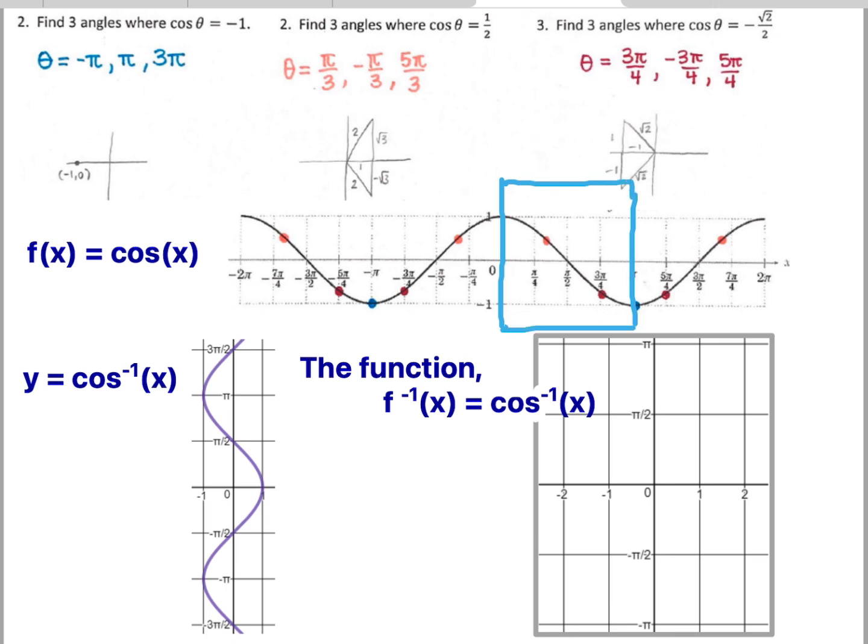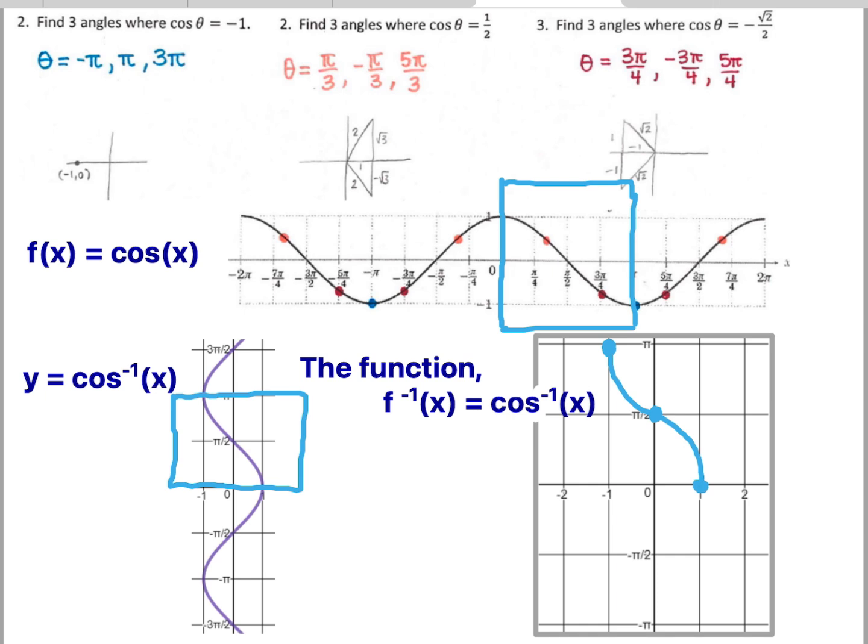If we go just from 0 to pi on the cosine function, then the inverse would pass the vertical line test. And so the official inverse function starts at negative 1, pi, because the inverse cosine of negative 1 is pi. The inverse cosine of 0 would be pi over 2, and the inverse cosine of 1 would be 0. And the shape of that graph looks like this.